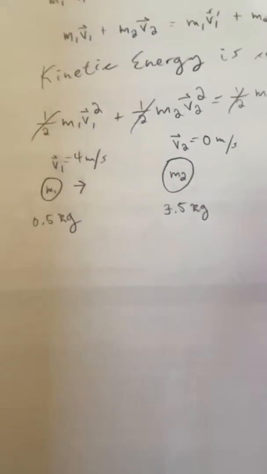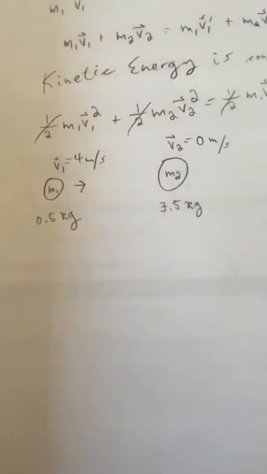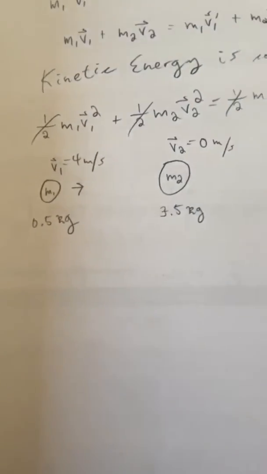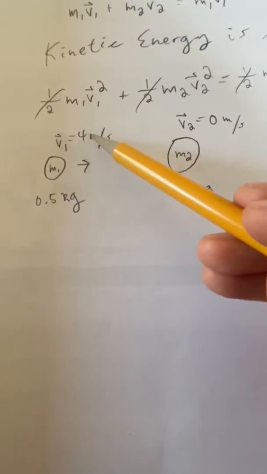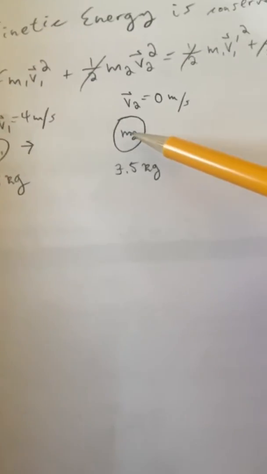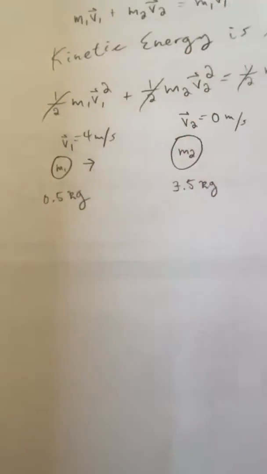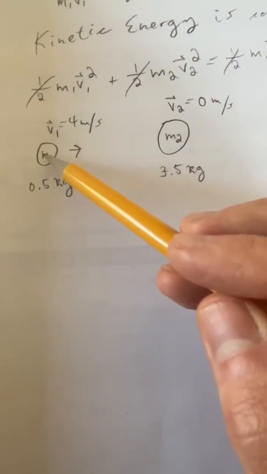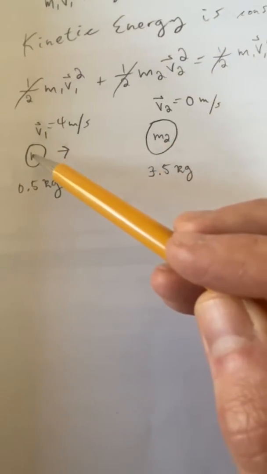So before you even start trying to do any calculations, it's important to think about logically what's going to happen. So we have a relatively small mass with a relatively small to medium-sized speed approaching a larger mass that's at rest. As this mass strikes this second mass here, because this one's smaller, this mass is probably going to bounce back.